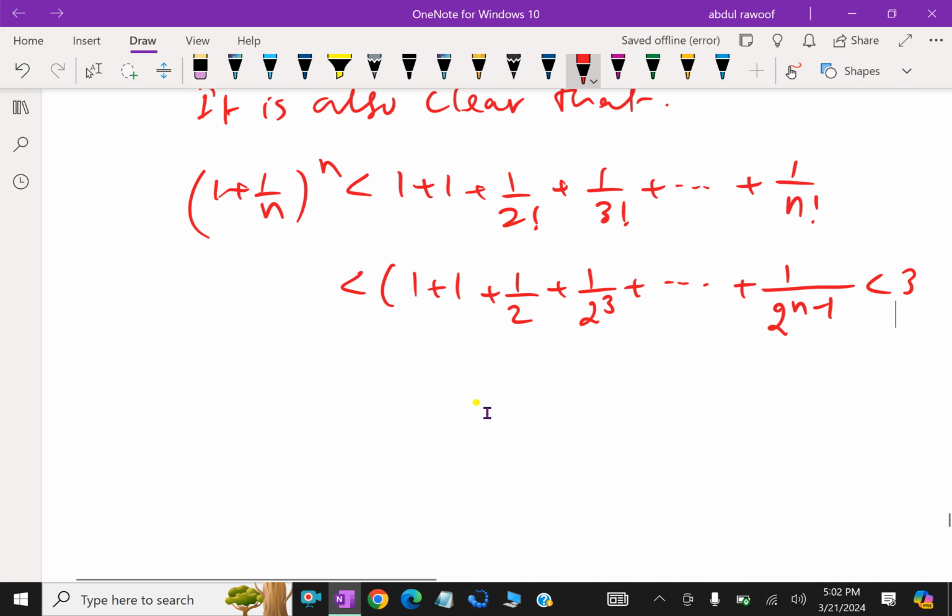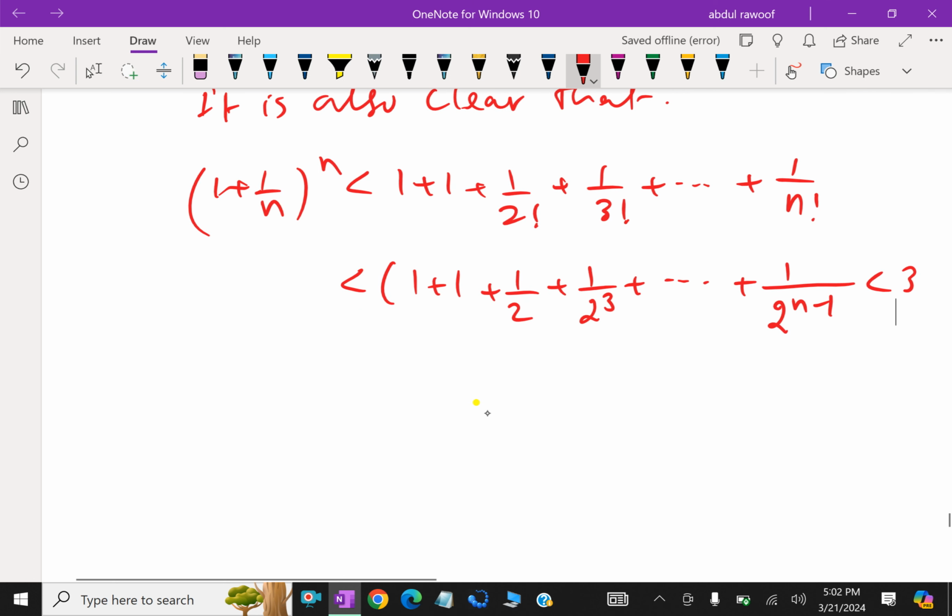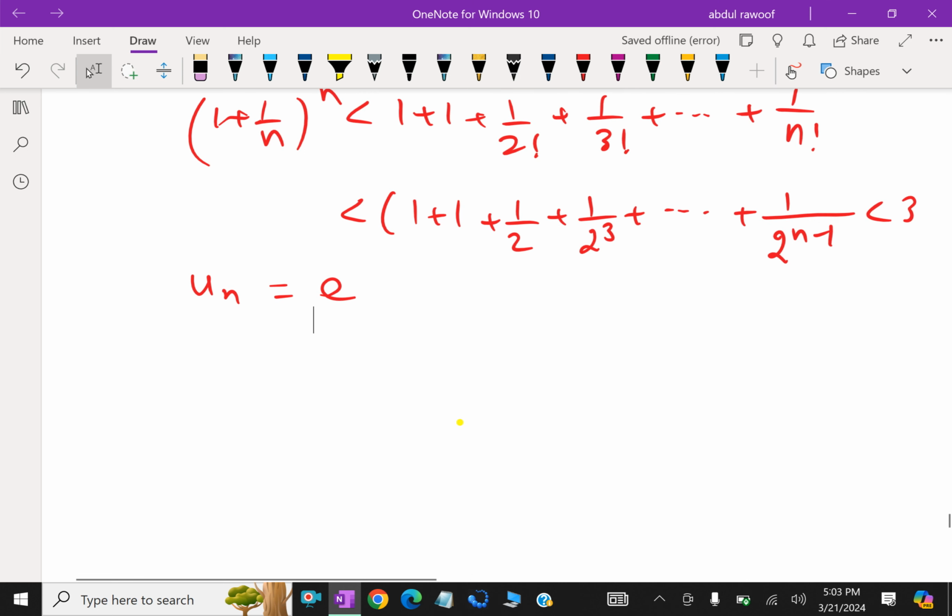So it approaches, therefore u_n approaches the special value e. That means this e value was found by Euler, which is approximately equal to 2.71828.